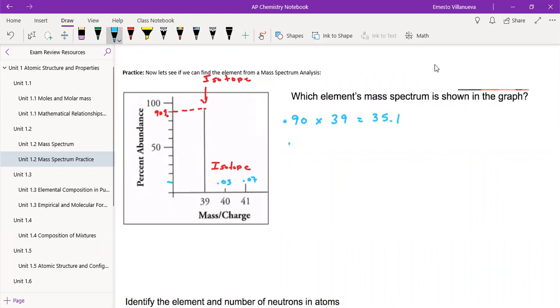If I take the next one at 0.03, because it's a little bit less than half, I'm going to multiply that by 40, and I'm going to end up with 1.2. And then the last one is about 0.07 times 41, which is going to give me a value of 2.87.